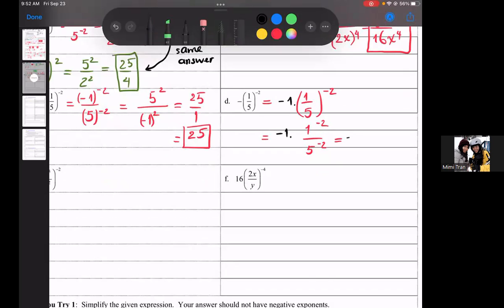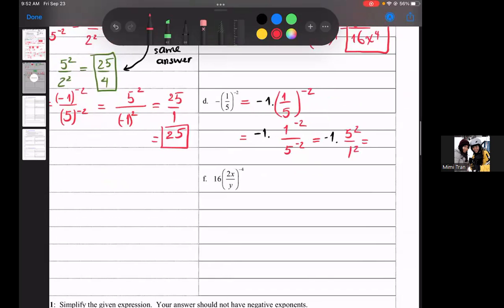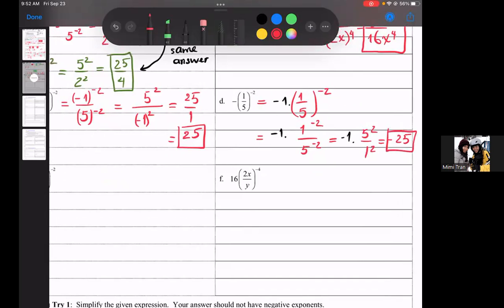I'm doing this for the sake of the note. So 5 squared over 1 squared, which is -25, yeah? That's what I meant. You won't be so lucky for D if you remove the negative.